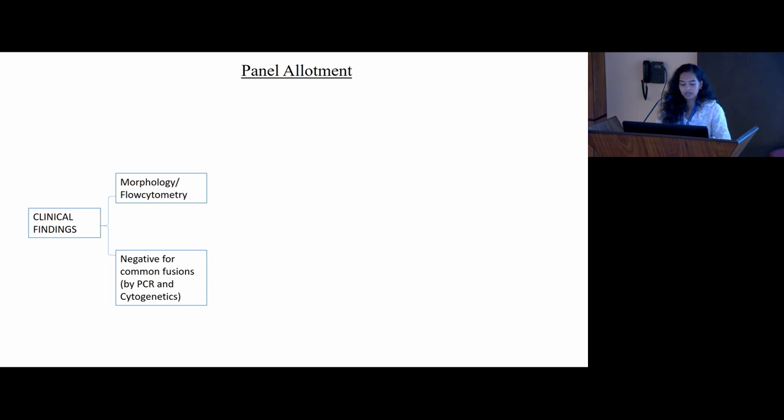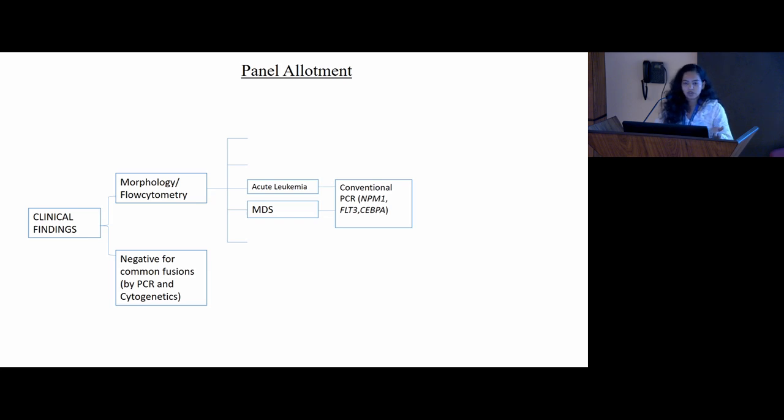For example, if the morphology is consistent with acute leukemia or myelodysplasia, the first thing we will do is conventional PCR for NPM1, FLT3 and CEBPA. Why conventional PCR? Because they are quick and a basic preliminary diagnosis can be conveyed to the clinician.